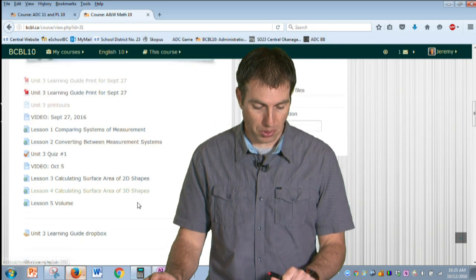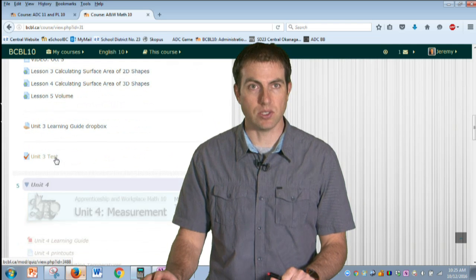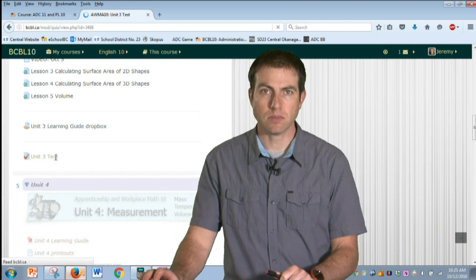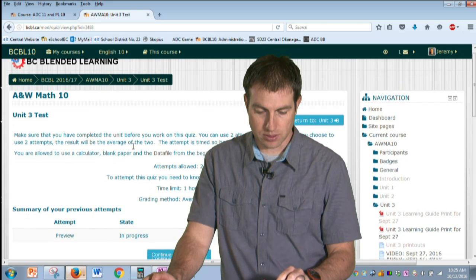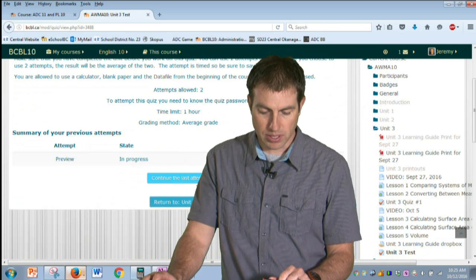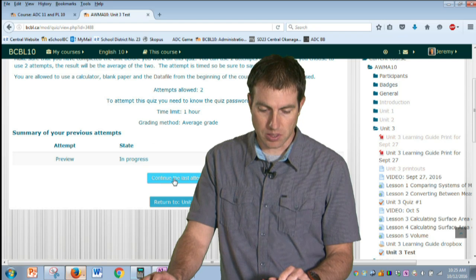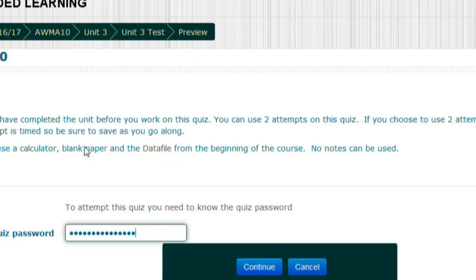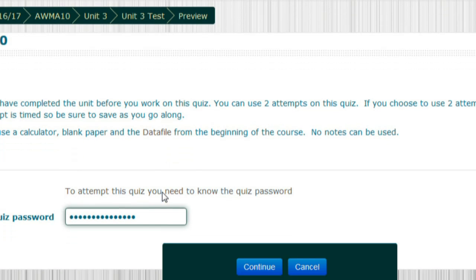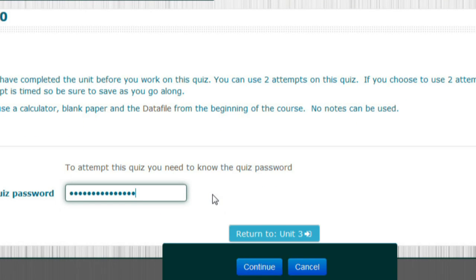At the very bottom of Unit 3, it says Unit 3 test. If you click on that, this tells you about the test, and it says time limit an hour. I'll take that off. What you need to do is click start attempt or something like that, and then it'll ask you for the password. I don't know if this is the right password or not. Let's try it.